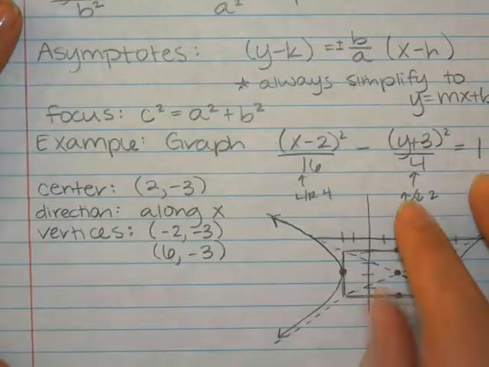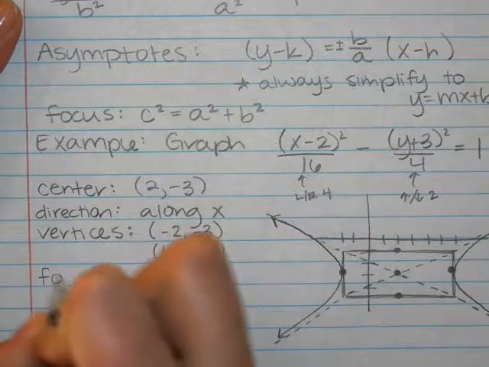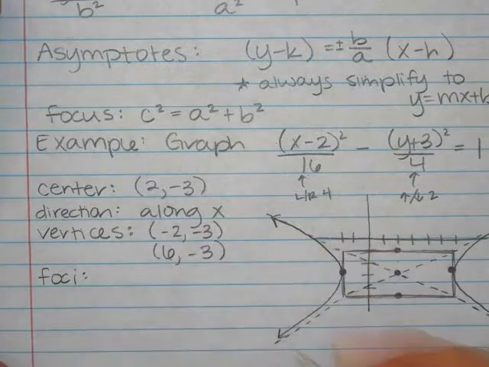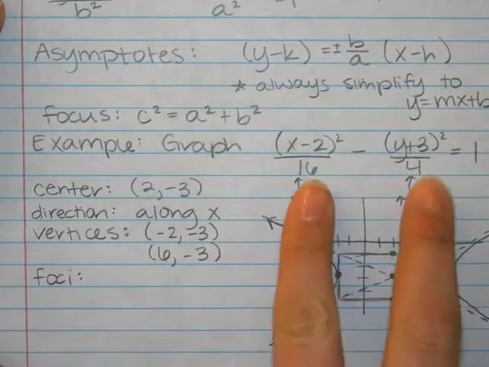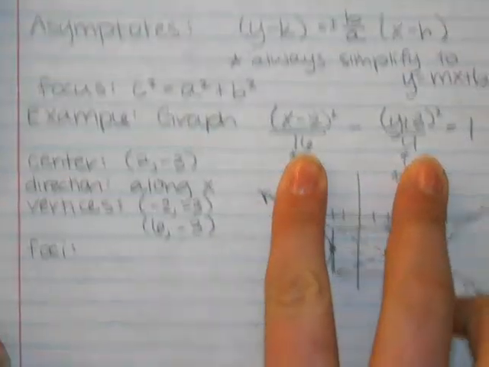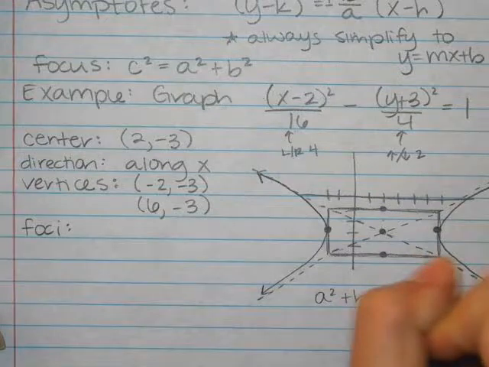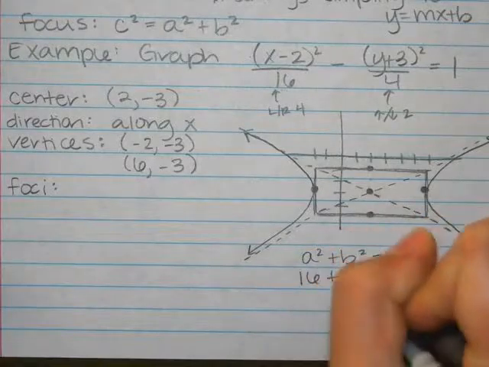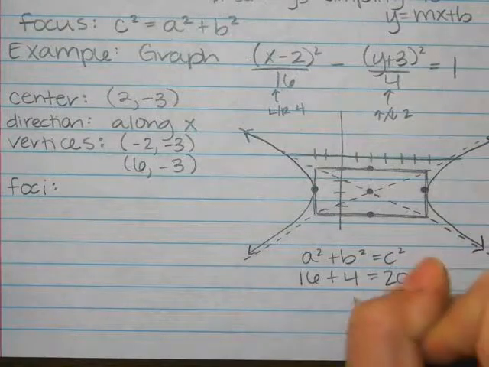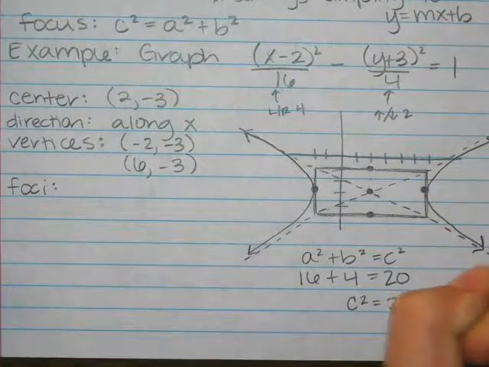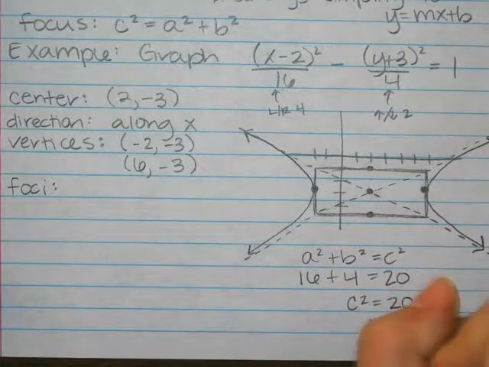Okay, so now we can go ahead and find the foci or the foci, however you want to say it. So we're going to add these together. 16 plus 4 is 20, so a squared plus b squared is c squared. That means that c squared is 20. And so what is the c value?